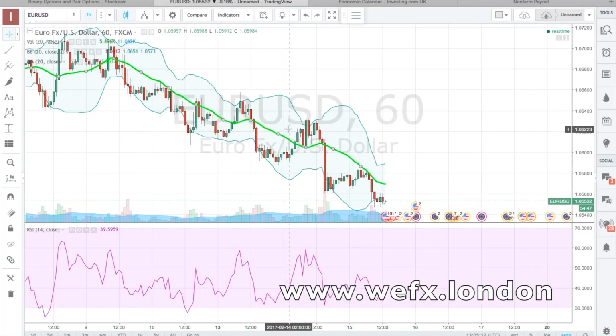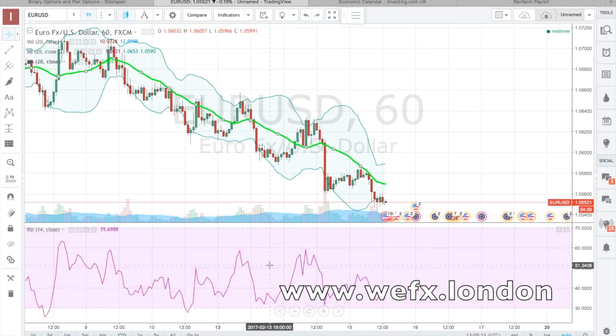Okay, and now using the relative strength index, this purple box I've got down here indicates to us whether the market is oversold or overbought. So don't worry if you don't know what these mean. Essentially, when price moves down below the 30, that tells us that the currency, the asset, the commodity, whatever the financial instrument is, is undervalued, okay?